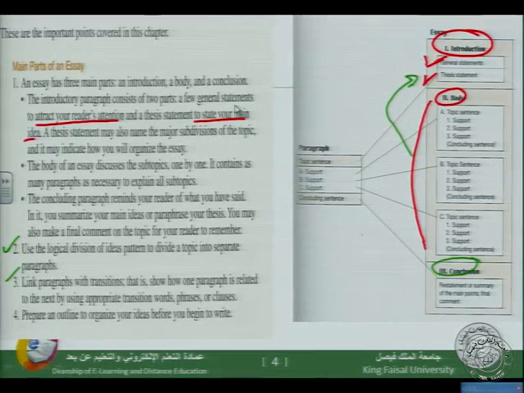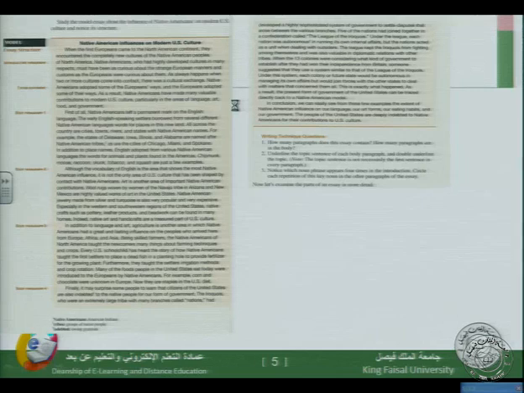And the 4th skill that we have learned is to prepare an outline, and we discussed this in the third class: how to prepare an outline to organize your ideas before you begin to write. So this slide summarizes the main parts of the essay and the major points that we have learned during the first 3 lectures.